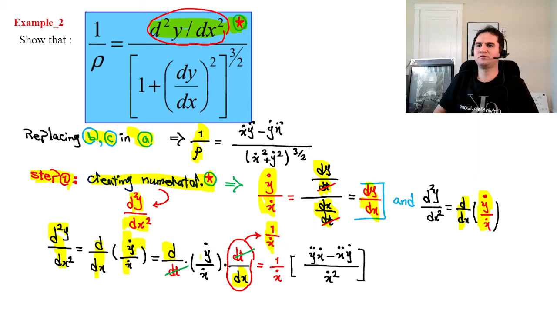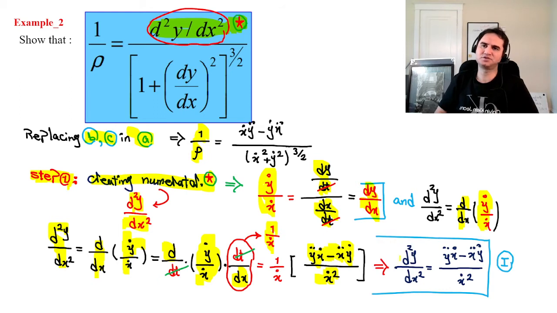And for this part, y dot over x dot, the derivative goes by the derivative of the numerator times the denominator, so that's y double dot times x dot, minus the derivative of the denominator, which is x double dot, times the numerator, over the denominator squared. So that's x dot squared. If you replace that, it gives you d squared y over dx squared as this term.